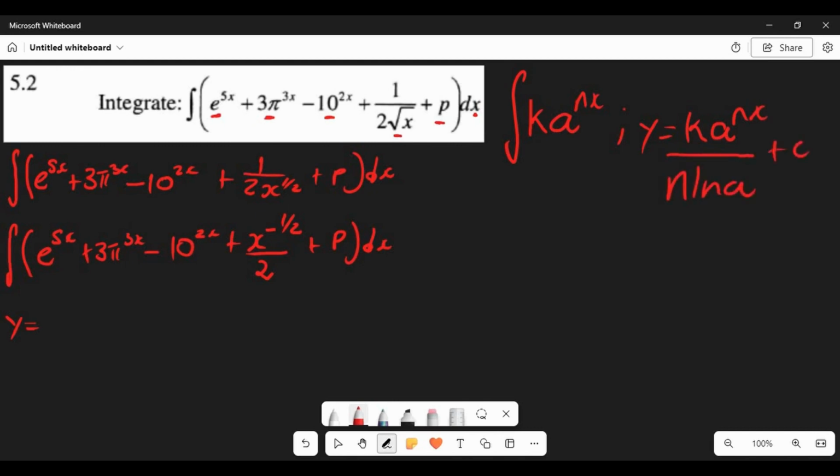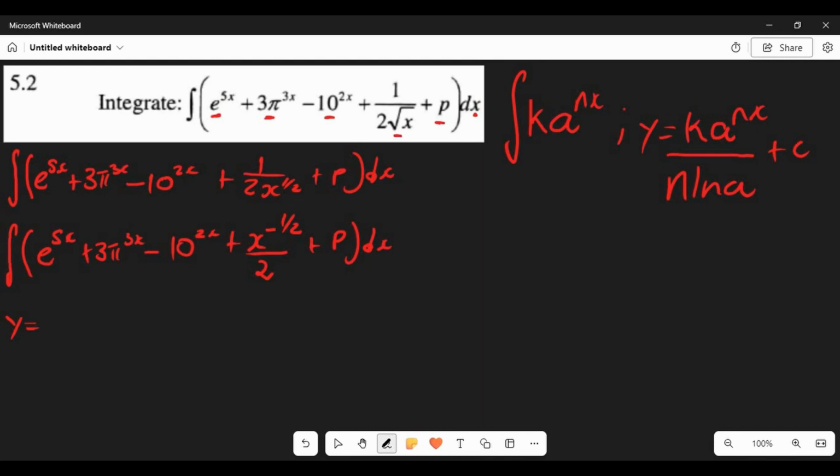Let us not forget this c means that it is the indefinite integral. Just in case you don't know this formula, I already made videos on this type of integral. I will leave the link in the description, and also the video will pop up on the top right of this video. Go and watch for you to understand better.